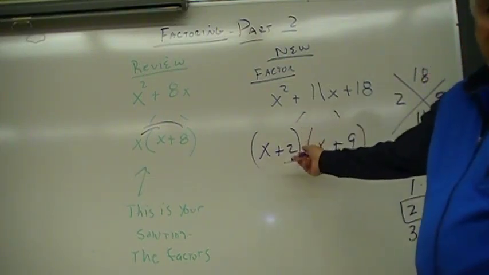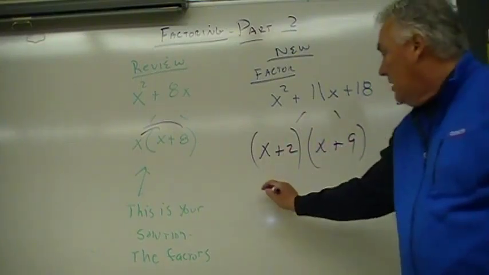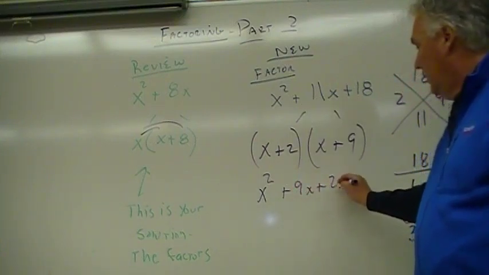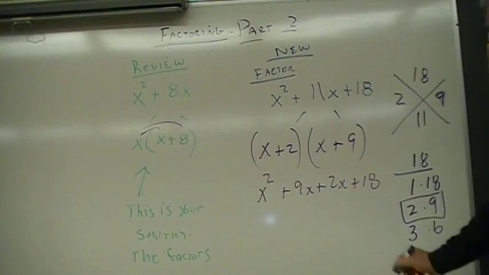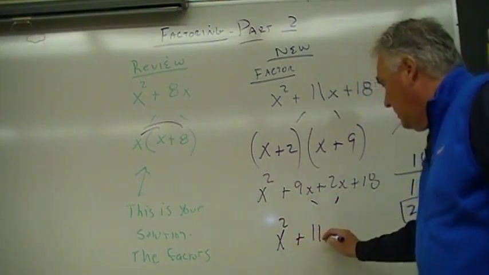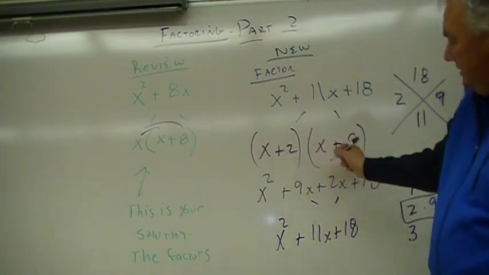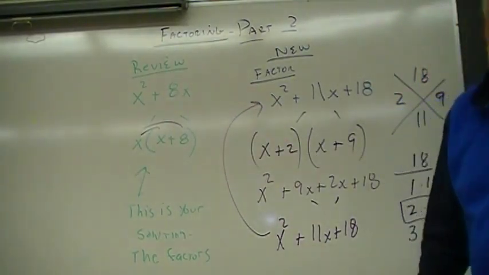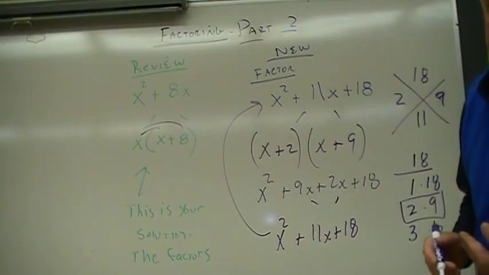We did double distribution. And we did that, and when we FOIL, that's what we get. We can combine those terms. And so when we multiply these together, this is what we get, which is where we started from. That's our factoring right there.